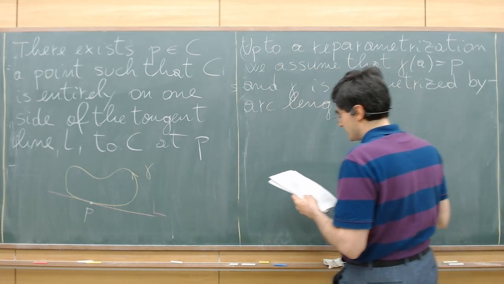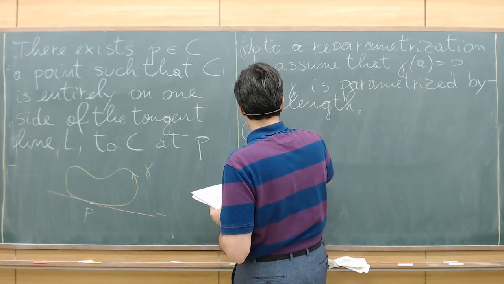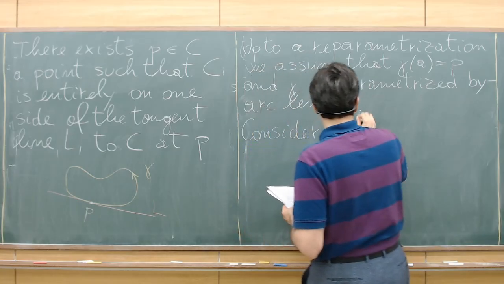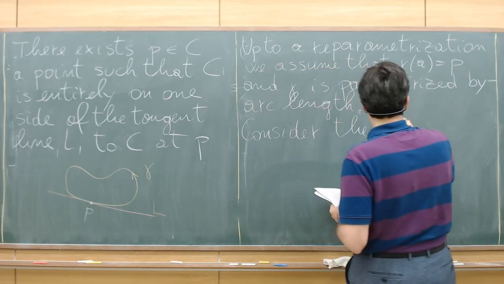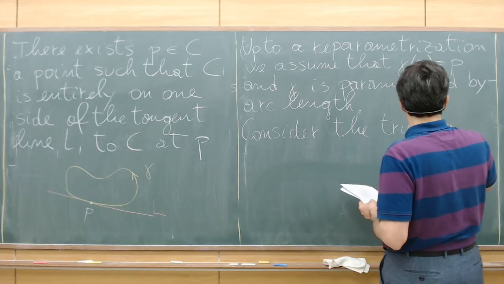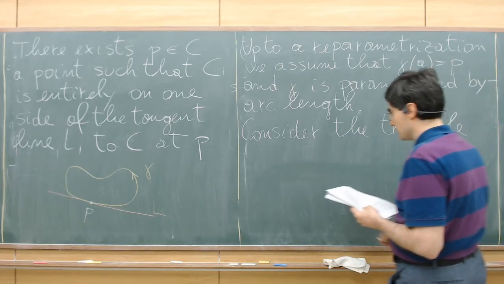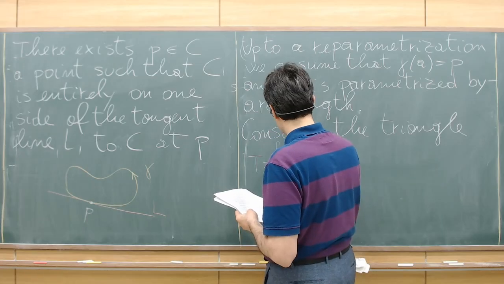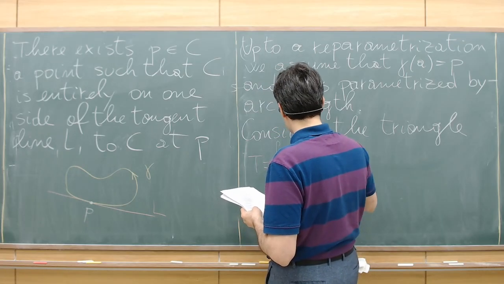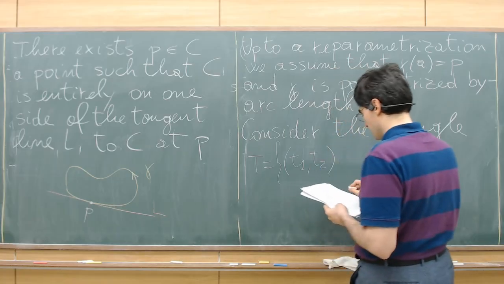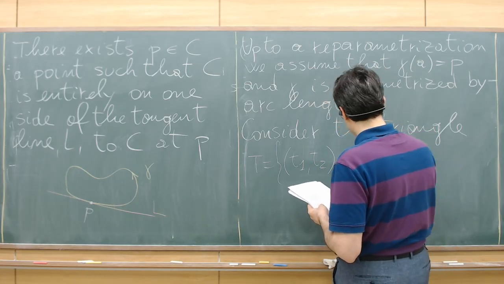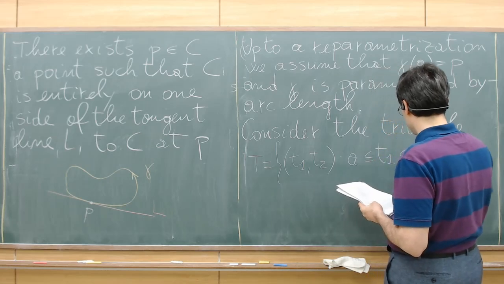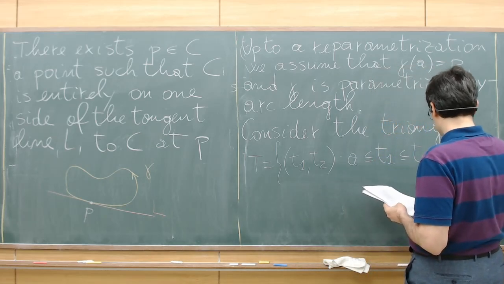Okay, now let's consider the triangle T defined to be the set of points of coordinates (t1, t2) such that a ≤ t1 ≤ t2 ≤ b.